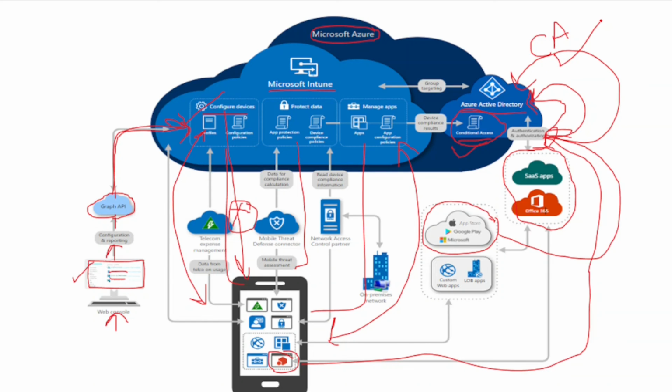Microsoft Intune is saying that users can access any corporate data over the internet securely, because they know that whatever managed app the user is going to use is managed directly or indirectly by Microsoft Azure Active Directory. So I hope you understand what I'm trying to explain to you in this Intune architecture diagram.